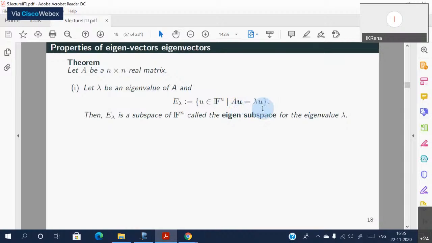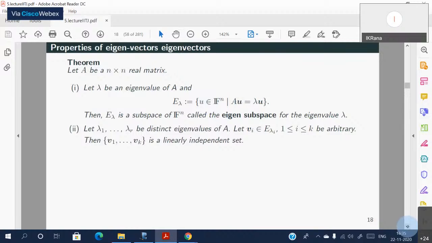So A of (u1 plus u2) is equal to lambda of (u1 plus u2). So it forms a subspace, and of course alpha times an eigenvector is also an eigenvector if alpha is not 0, so we can add 0 to it and form a subspace called the eigen subspace of the corresponding eigenvalue.